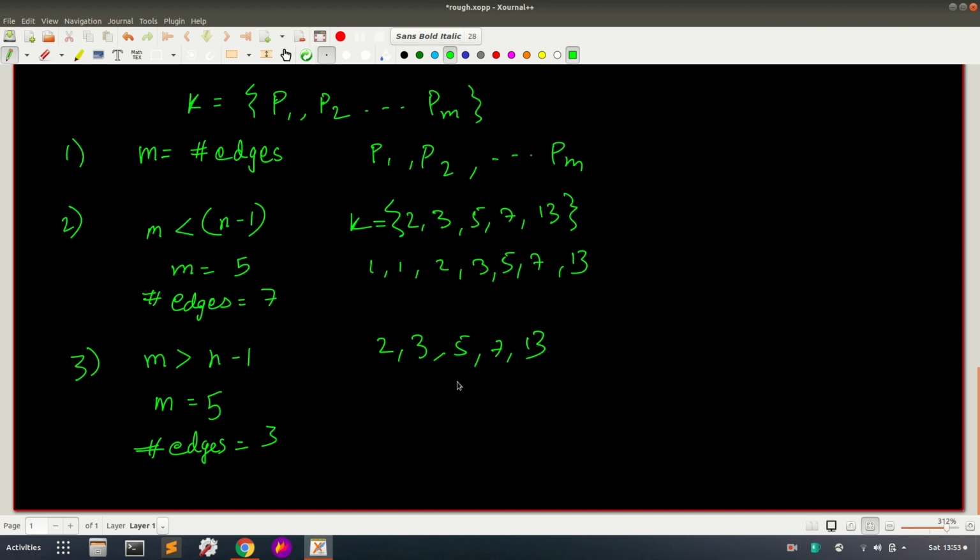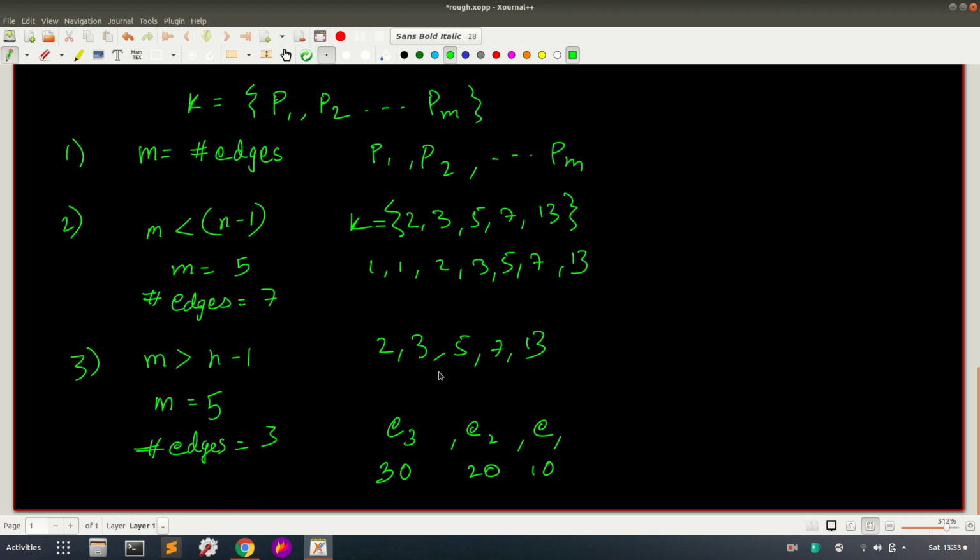So let's take 3 edges E3, E2 and E1, sorted according to their hit indices. Let the hit index of this be 30, this be 20, and this be 10.